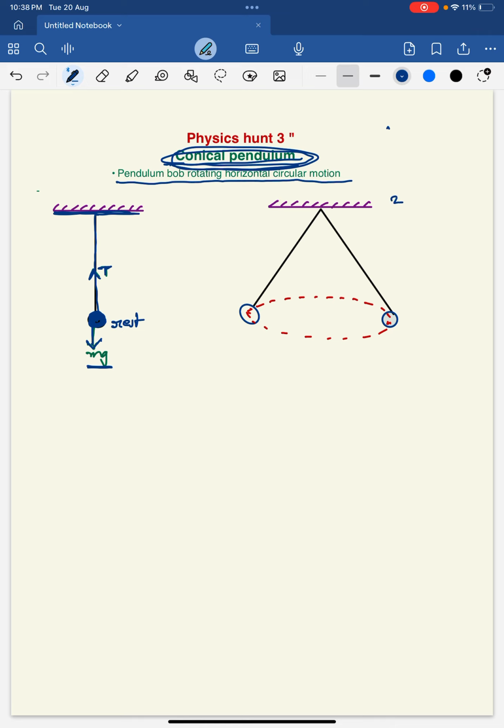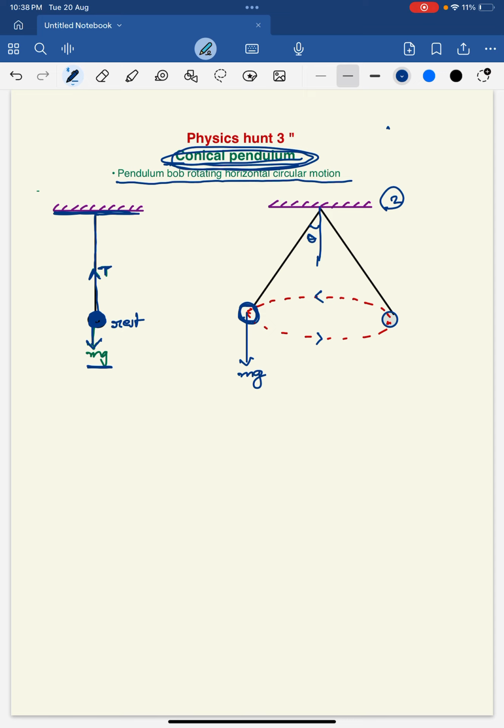So look at the second diagram. This is the bob which is rotating either clockwise or anti-clockwise in a horizontal circular motion. Whenever it is rotating like this, it makes an angle theta with respect to the actual position. At this location also, the weight mg acts vertically downward.